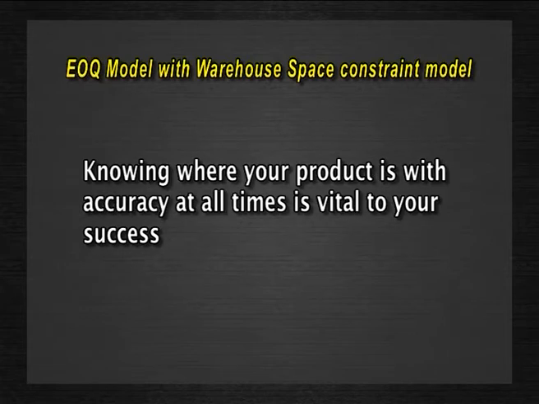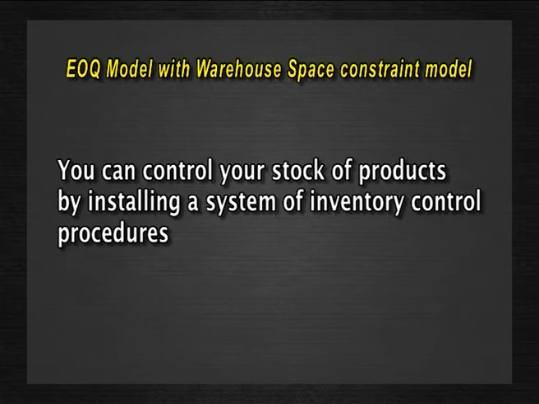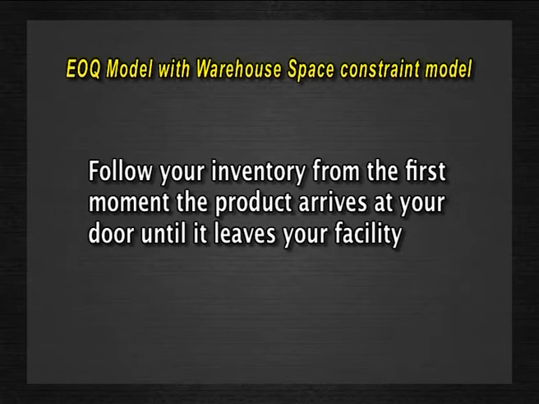Knowing where your product is with accuracy at all times is vital to your success. You can control your stock of products by installing a system of inventory control procedures. Follow your inventory from the first moment the product arrives at your door until it leaves your facility.